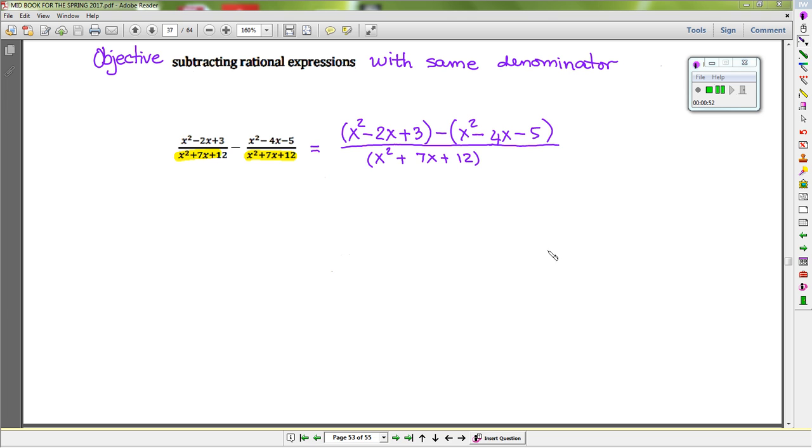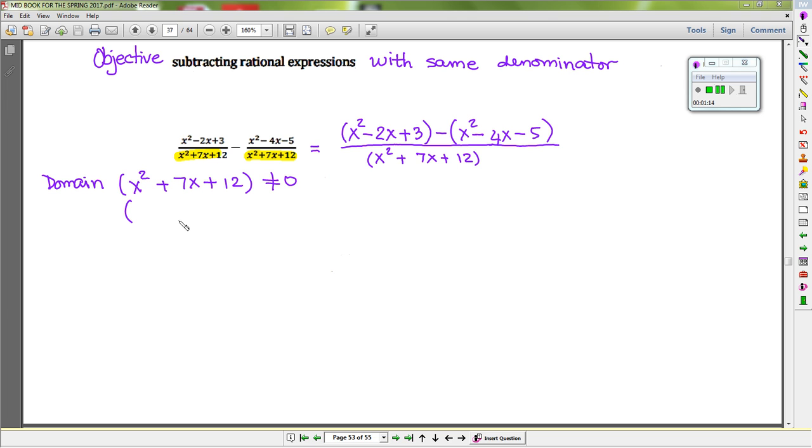Okay, now before we begin, let's set up the restriction for our domain. In this case, I'm going to make sure that the denominator cannot be equal to 0. So x squared plus 7x plus 12 cannot be equal to 0.